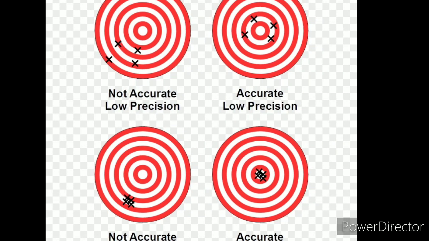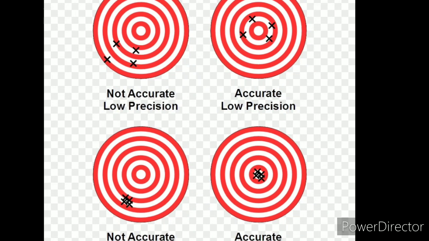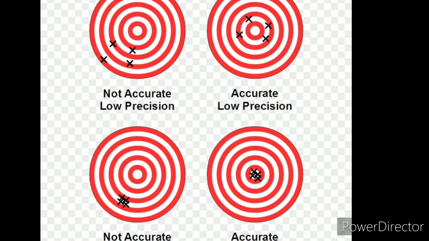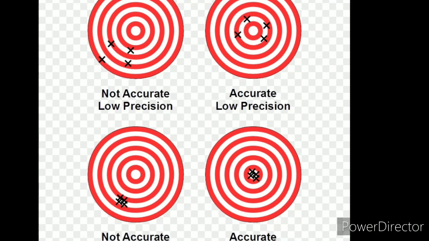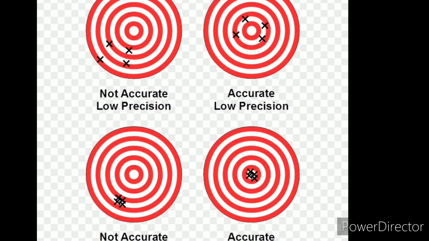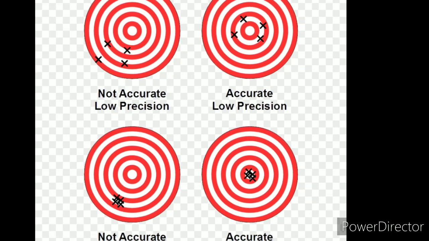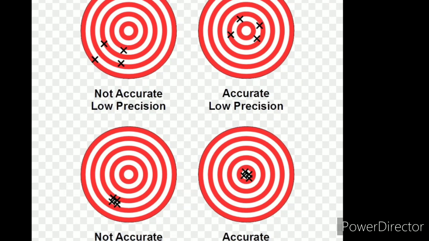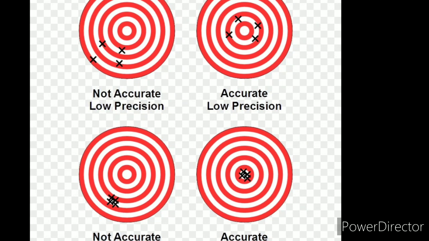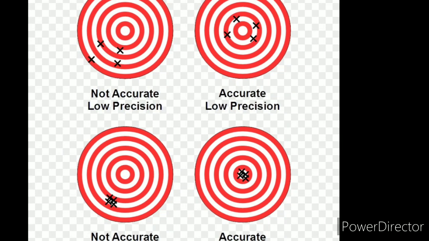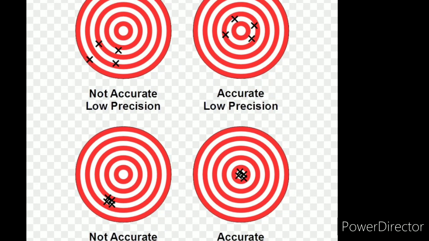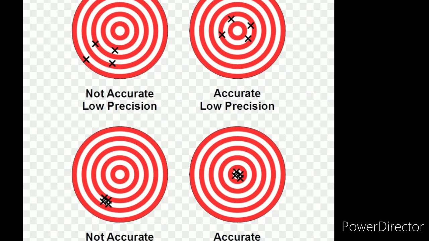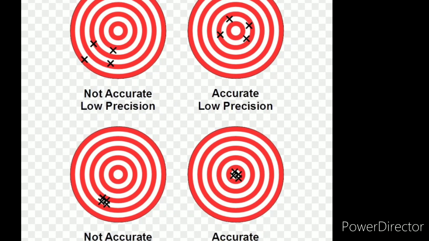In the third case, all the readings are very close to each other but away from the center, which represents the true value. Therefore it is precise but not accurate. In the next figure, the readings taken by a student are symbolized with a cross sign. In the first case, the readings are far apart from each other, that is they are less precise, and also they are away from the accurate reading.